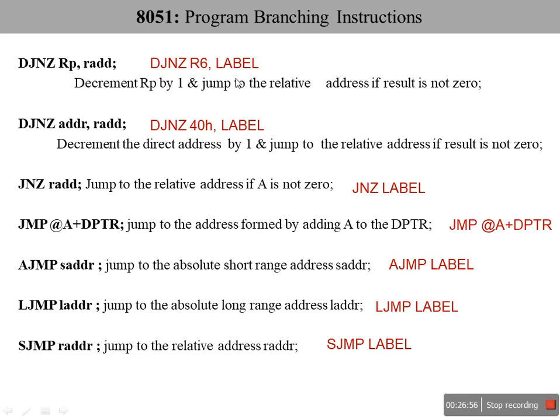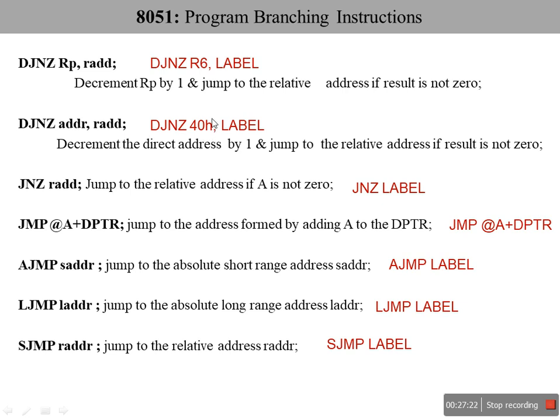The control goes to the label if the content of R6 is not 0. Before checking this, it decrements. So it decrements the content of R6 by 1 and jumps to the relative address, to this label, if the result is not 0. Similarly, DJNZ address, relative address.